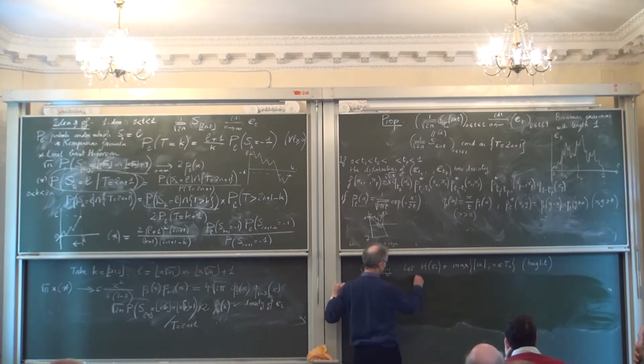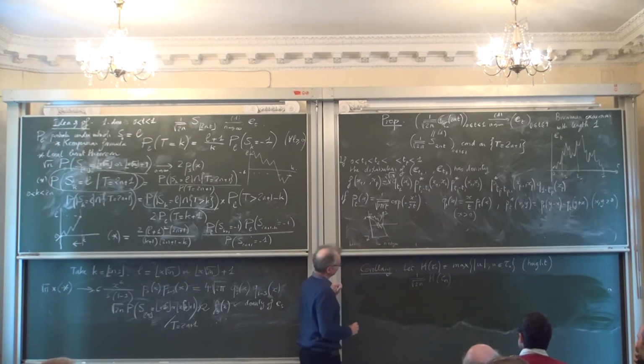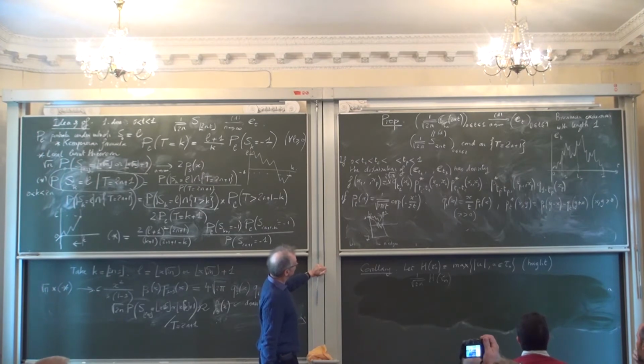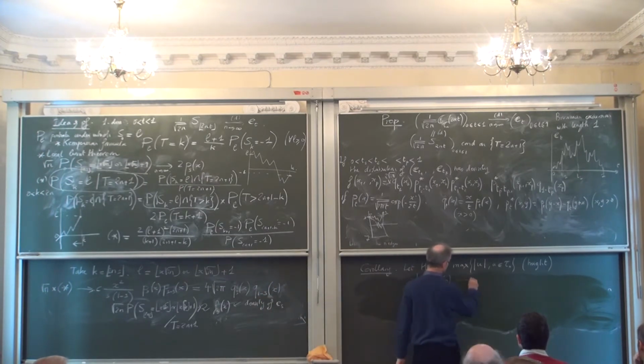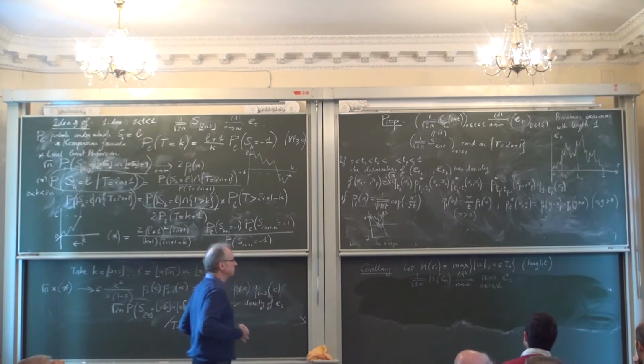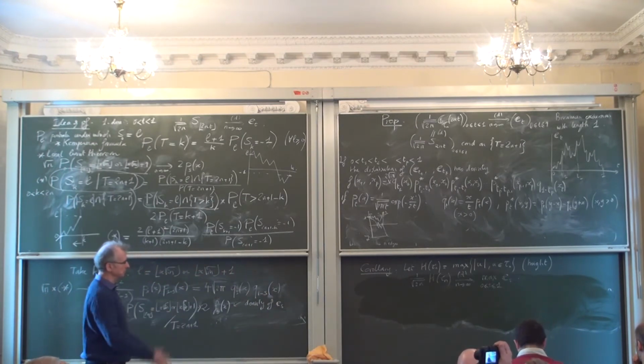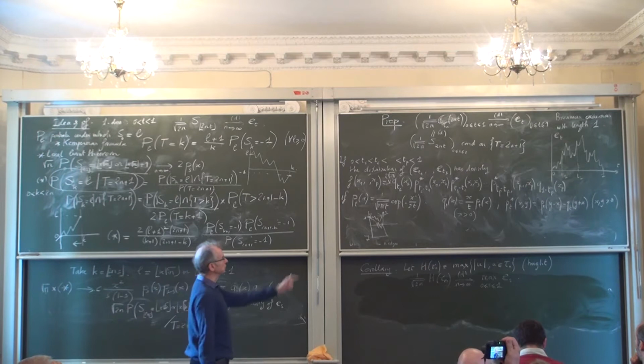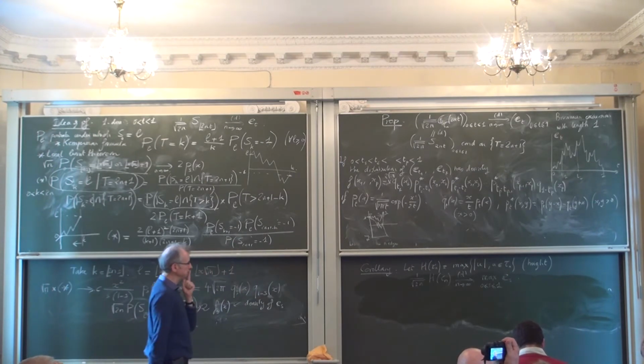And so what you get is that if you normalize the height of tau n by square root of 2n, this converges in distribution when n tends to infinity to the maximum of the Brownian excursion. It's just a direct consequence because the maximum is a continuous functional for the topology of continuous functions.